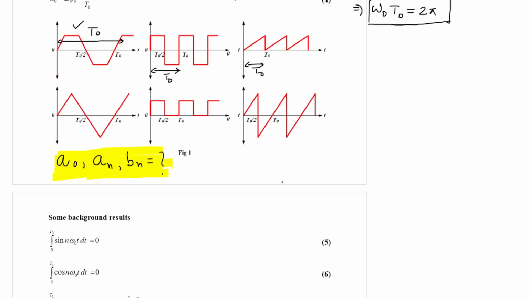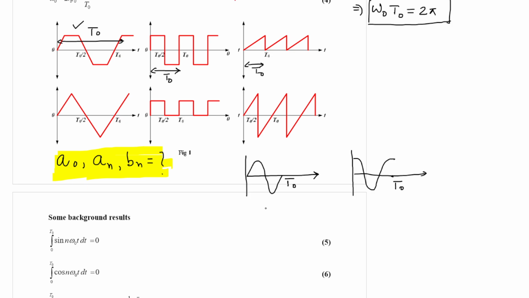Okay. So let us say we have a fundamental sine wave. This is T naught. This is a fundamental sine wave and this is a fundamental cosine wave. Again, it is T naught, the time period.